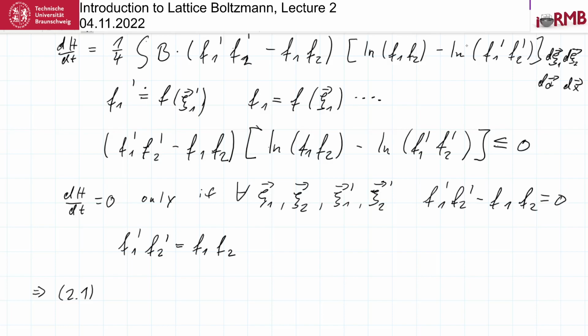They have a given mass which integrates to 1, they have a momentum, and they have an energy. Now the problem is we have the product of the two on both sides, and in order to separate them, we take the logarithm. Then the logarithm of the first plus the logarithm of the second is equal to the logarithm of the same distribution functions before the collision.